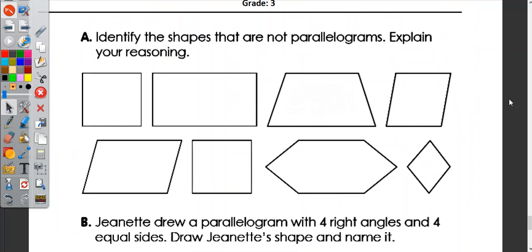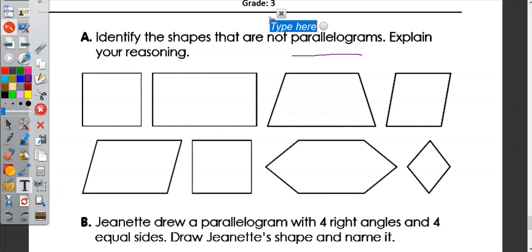Identify the shapes that are not parallelograms. Explain your reasoning. Is this a parallelogram? Remember, a parallelogram is a shape that has 2 pairs of parallel sides. So just remember 2 pairs of parallel sides.